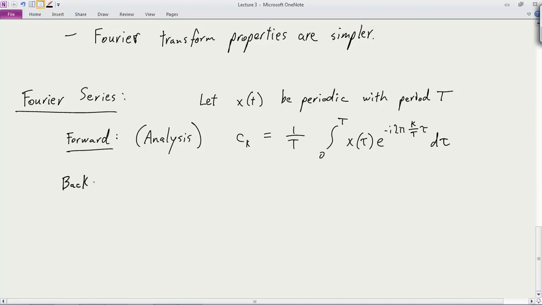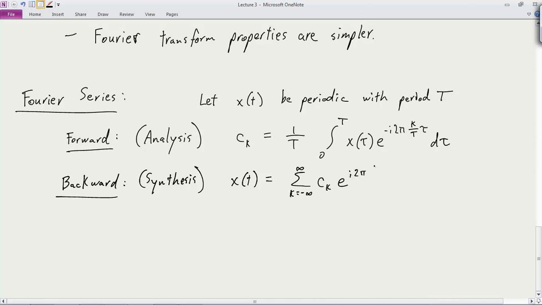So the backward part is really the magical part, and this is referred to as the synthesis equations. And that says that your signal x of t will equal the infinite sum over all the k's of c_k times e to the i 2 pi k over T, t.